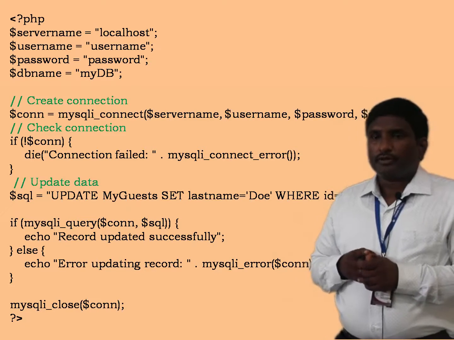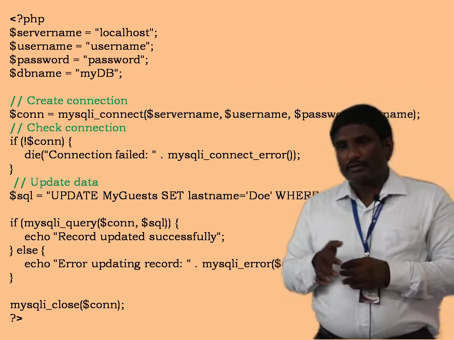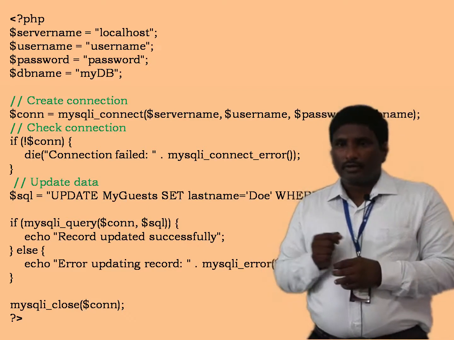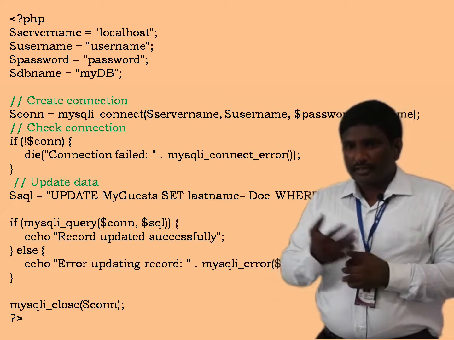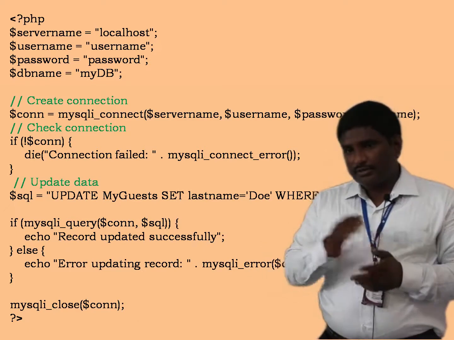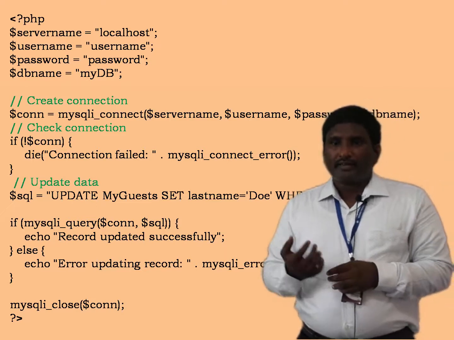Okay. Next example, how to update the record in the table. So first we need to declare 4 variables, then pass these 4 variables as arguments to the mysqli_connect function. Then after creating a connection, check whether the connection is established or not. Then write the SQL query, in order to update the data.